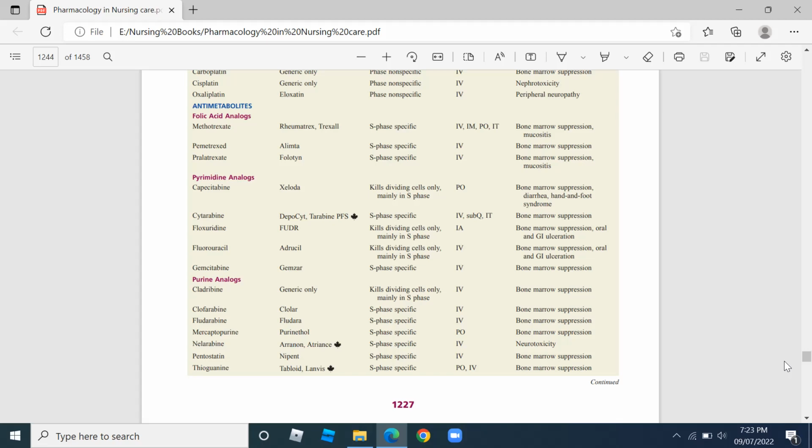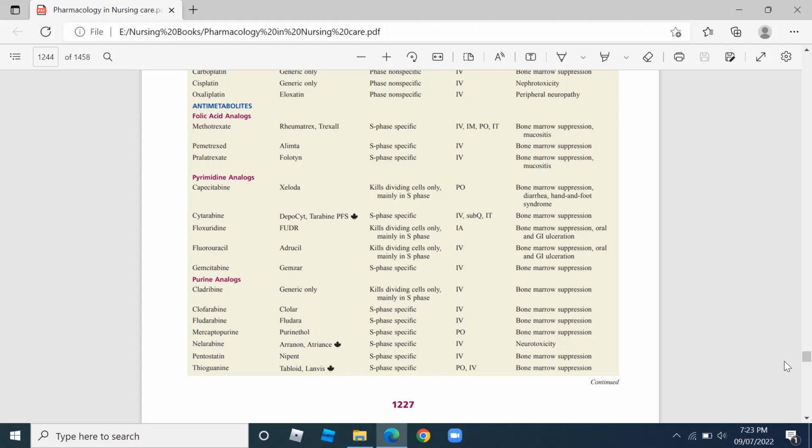So folic acid analogs include methotrexate, pemetrexed, and pralatrexate, while pyrimidine analogs include capecitabine, cytarabine, floxuridine, fluorouracil, and gemcitabine. Purine analogs are cladribine, clofarabine, fludarabine, mercaptopurine, nelarabine, pentostatin, and thioguanine.